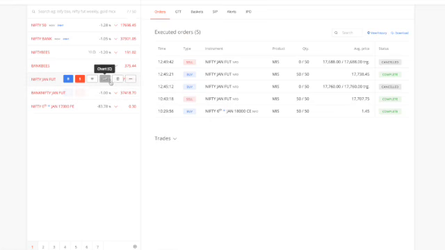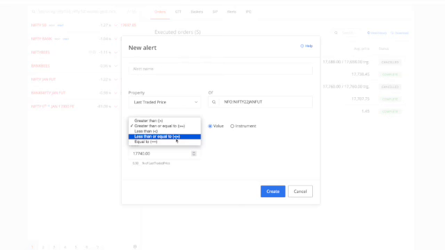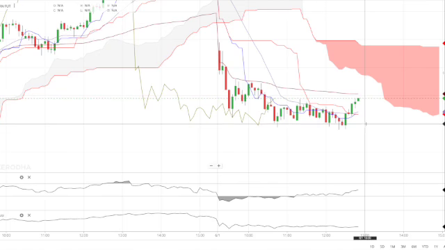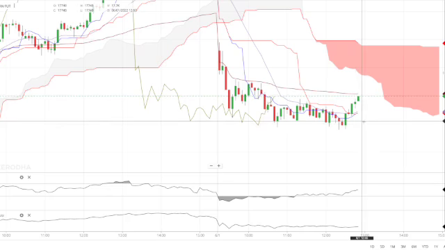So I'm going to set an alert if price is less than or equal to Nifty short, 17,700. Why 17,700 is when it comes here, it would probably go down quickly, but I just want to be around and see how prices move here.